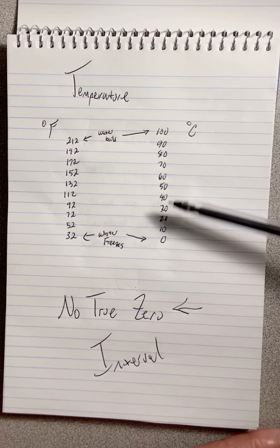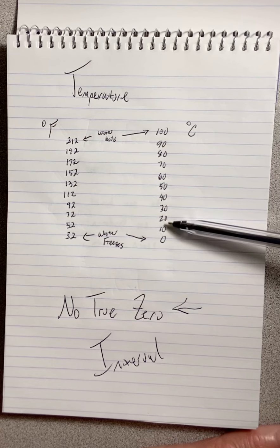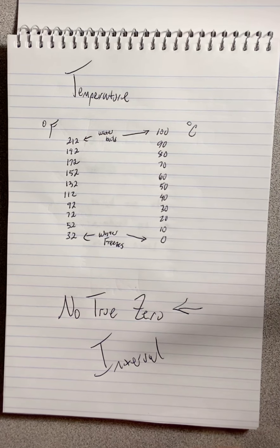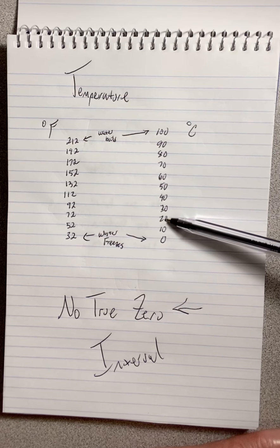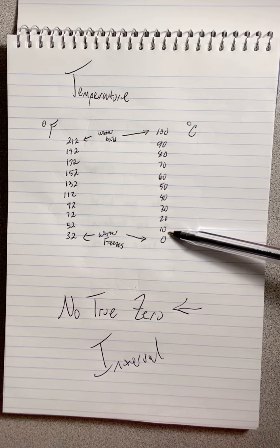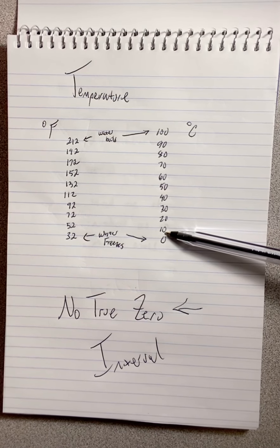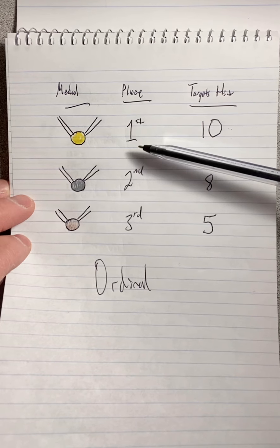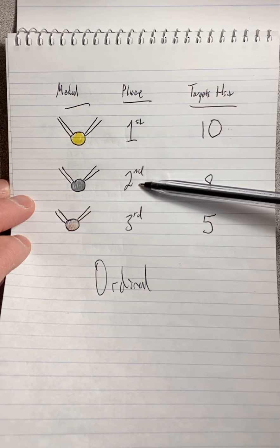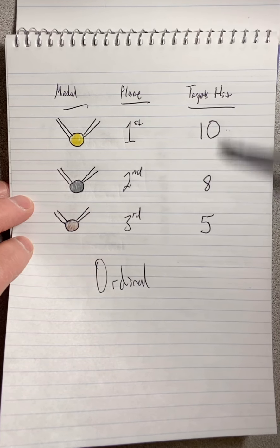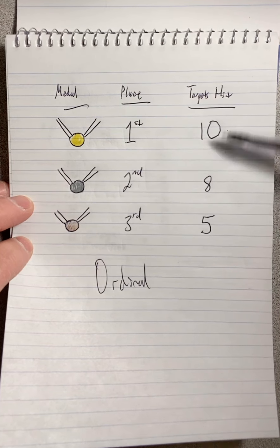And for that reason, you can't say that 20 degrees Celsius is twice 10 degrees Celsius. It doesn't make any sense. You can do subtraction. You can say 20 degrees is 10 degrees higher than 10. That does make sense here, whereas it did not in ordinal. Over here, you can't say first place is 1 better than second. It's 1 place better, but it doesn't mean that what we're measuring was 1 better.